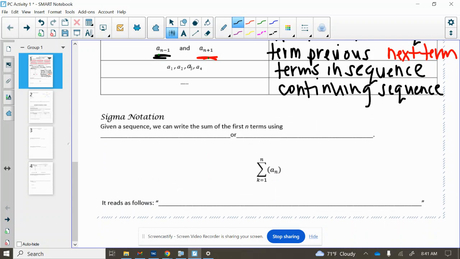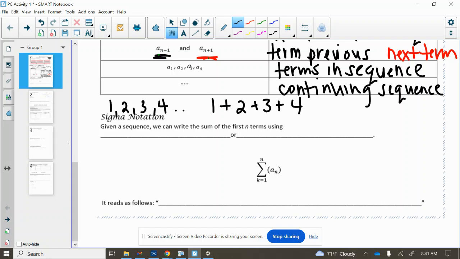Now, sigma notation takes our sequence and makes it into what we call a series. So let's say we have the sequence 1, 2, 3, 4. That is a sequence. A series is when we add these values up.